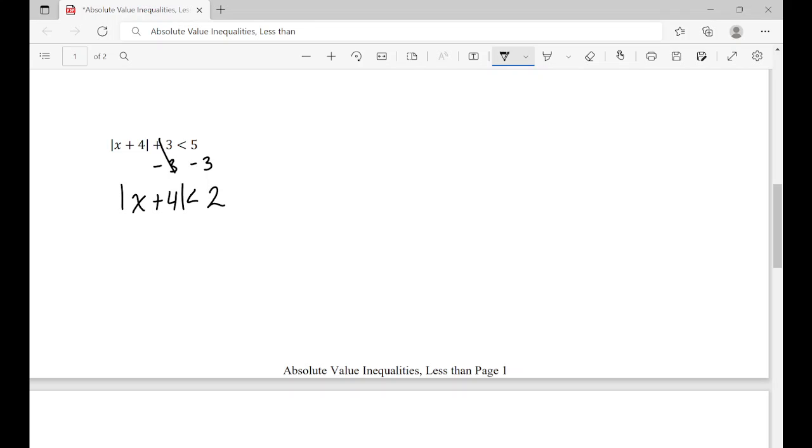And since it's less than, and I got my absolute value bar by itself, I'm going to just move the 2 over as negative 2 less than x plus 4 less than positive 2. And now I will get x by itself by subtracting 4 on all sides and get negative 6 less than x less than negative 2.